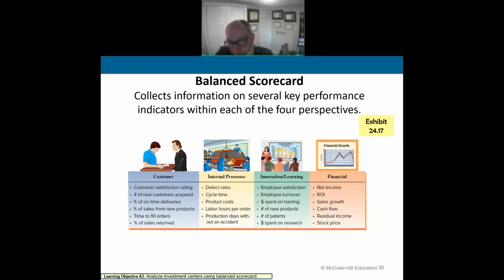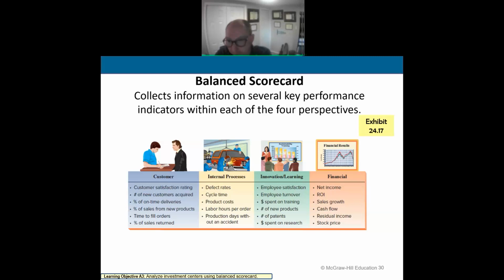And then to sum it all up, we also look at financial results. Those would be things like net income, return on investment, sales growth, cash flow, residual income, stock price.